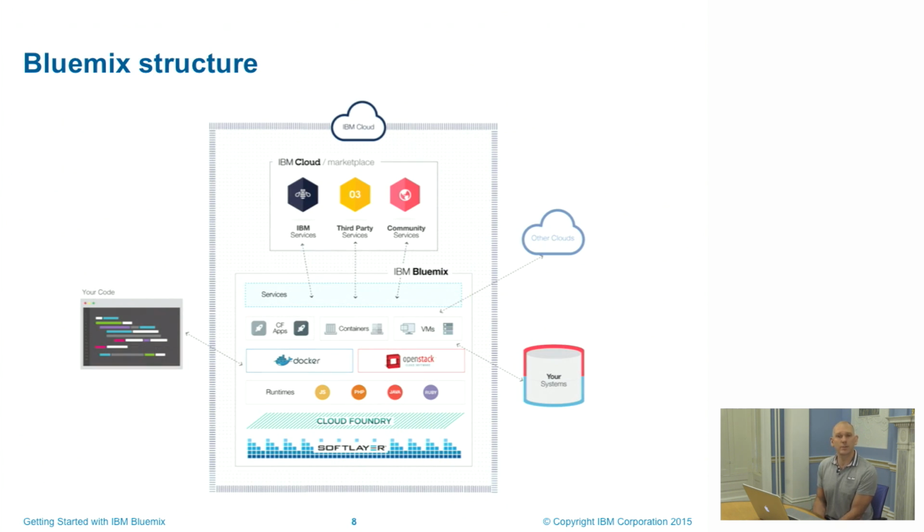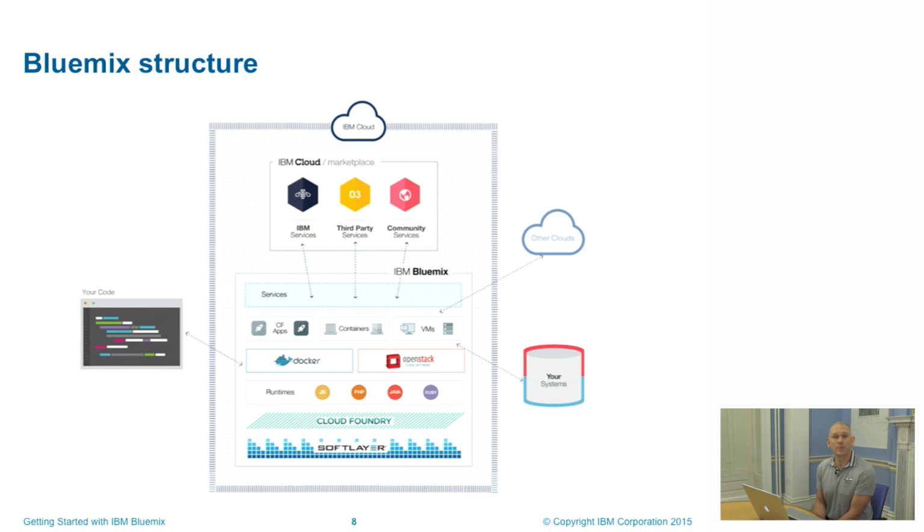So just what is IBM Bluemix? It's based on the open standard Cloud Foundry platform, and it runs on top of IBM Software Cloud Infrastructure as a Service. It allows you to take your code and deploy it to a runtime of your choice using a language of your choice. We have flexible deployment options using the Cloud Foundry, which we'll talk about in depth as we go through this workshop.